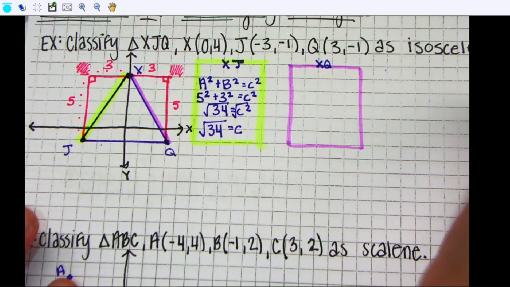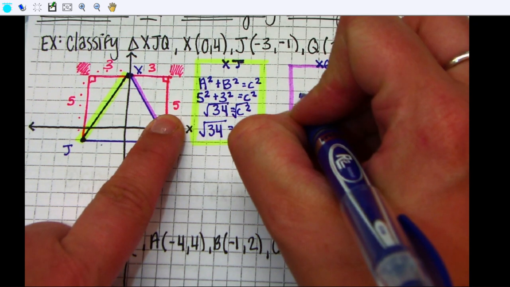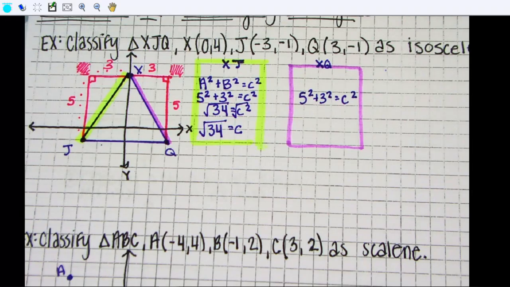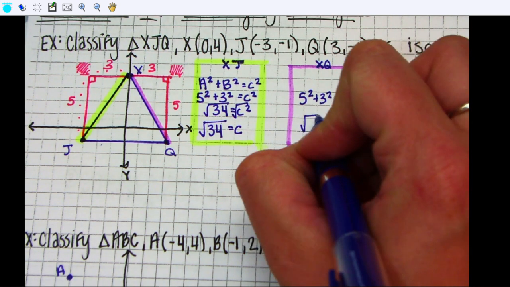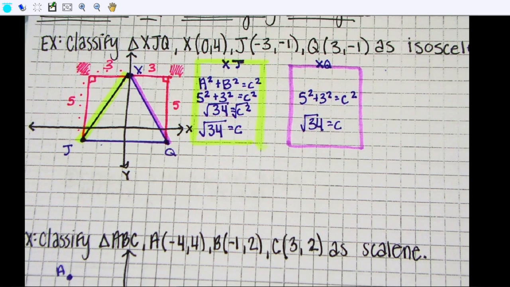So again, I can rewrite a squared plus b squared equals c squared, or I can just write 5 squared plus 3 squared equals c squared. Do I have to do that math again? No. What's the answer going to be? 34. The square root of 34. So all you actually have to do is the setup, so I know where you're getting your numbers.